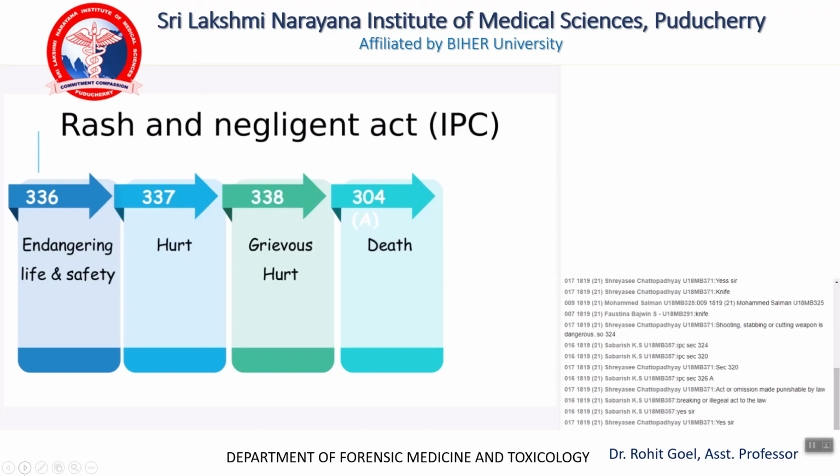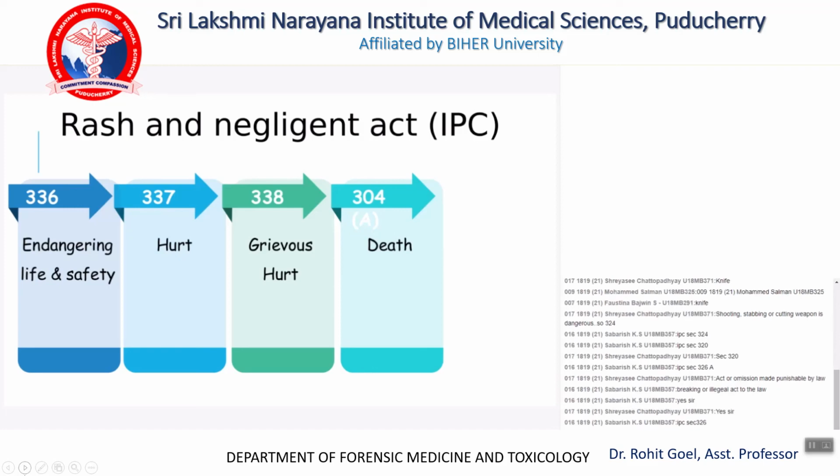A driving rashly caused death of B. (336) endangering the life and safety. Okay, that will be applicable, but here the death has happened. Remember what was told just a minute back. Here death has happened, so 304A will apply.